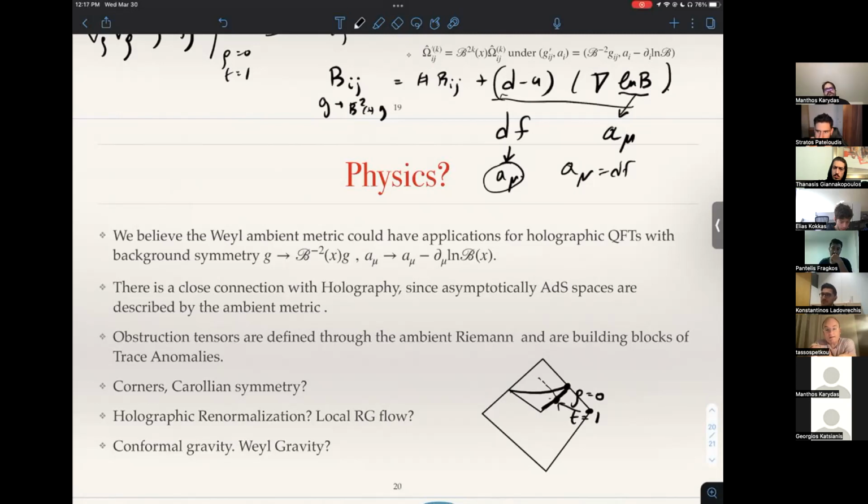Well, that is why I always thought that it is important to study the simplest case where the boundary metric is just Minkowski, so that you take pure AdS and you just introduce a Weyl connection and see whether this makes any sense.